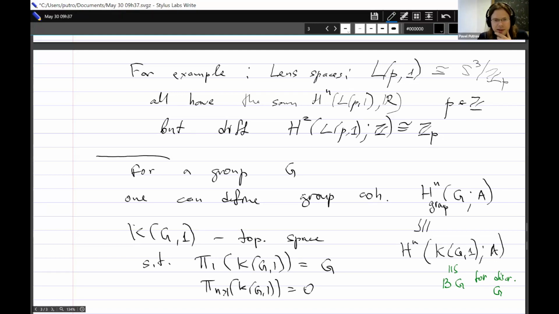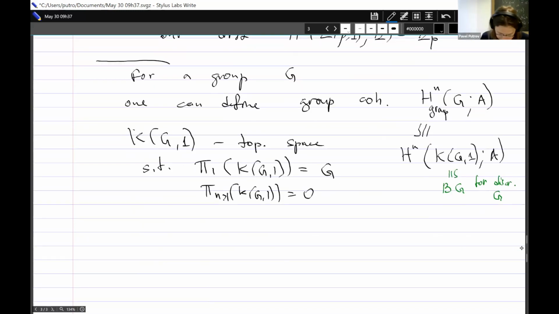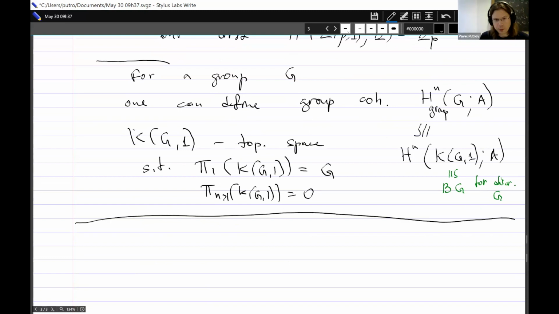Yeah, I guess someone also answered this in the chat. So in principle, there's a relation with this. Any other questions? Yeah, these classifying spaces will play a role in discrete gauge theories.